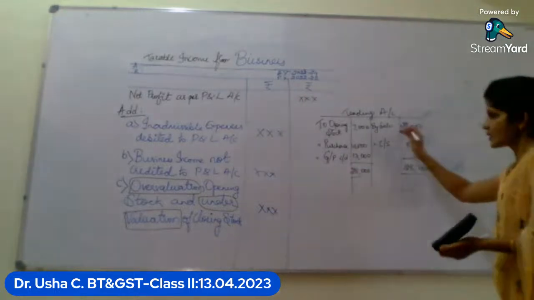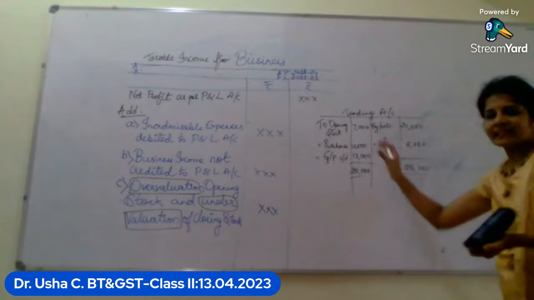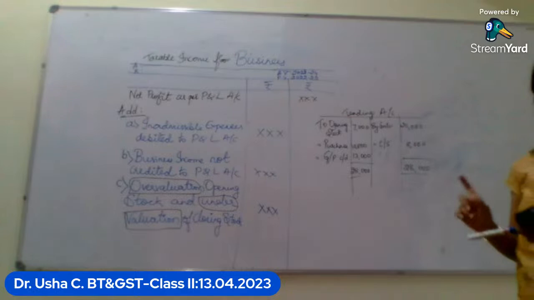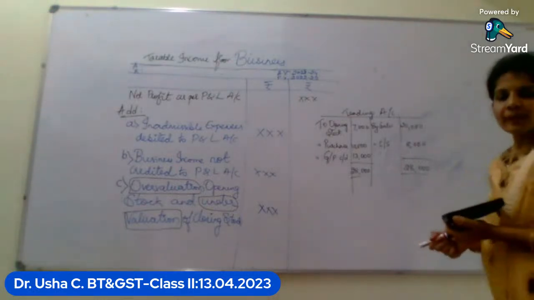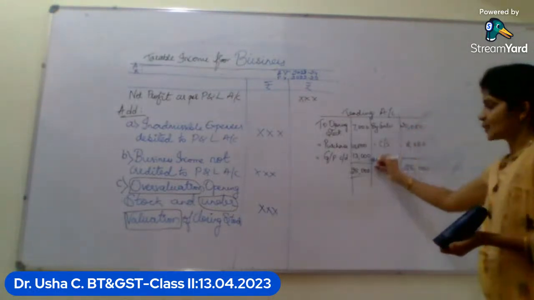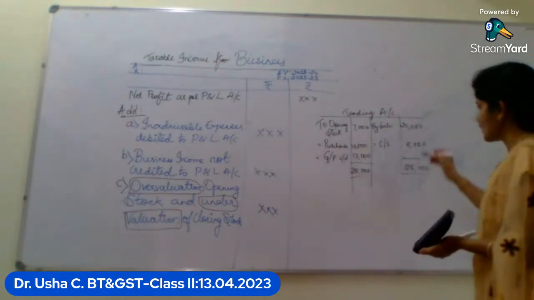Just check it. All other things remain constant. When all other things remain constant and there is only a change in the opening stock, what happens to the gross profit?